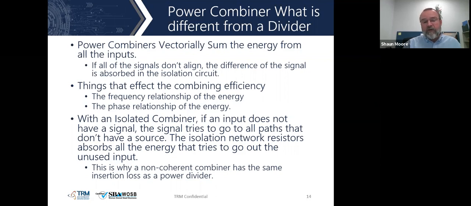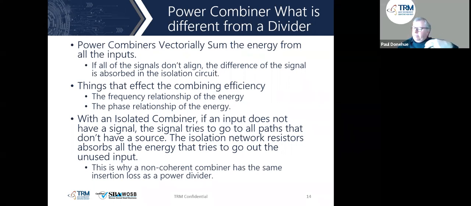This is a really good reason why we like to use hybrids as power combining devices, because this way we can port the energy off into a nice 50 ohm termination, and therefore we can get good thermal management on that. Again, that's a topic for another day. But there are other topologies also, not just hybrids, that allow us to use 50 ohm terminations to dissipate that differential energy from the system.